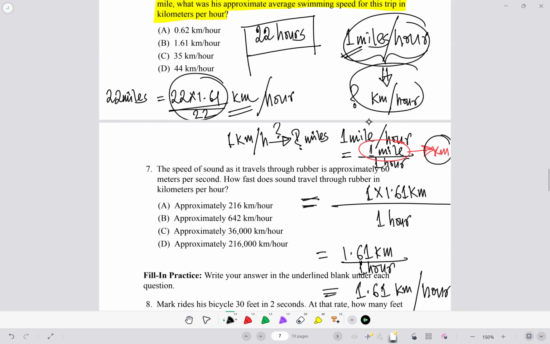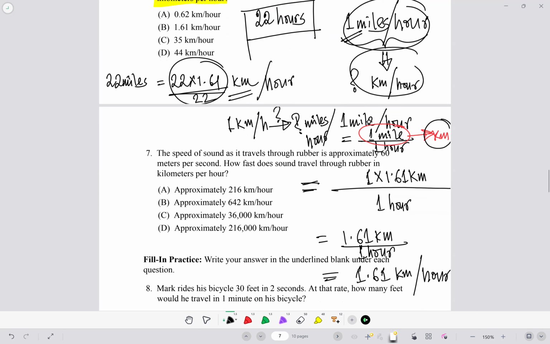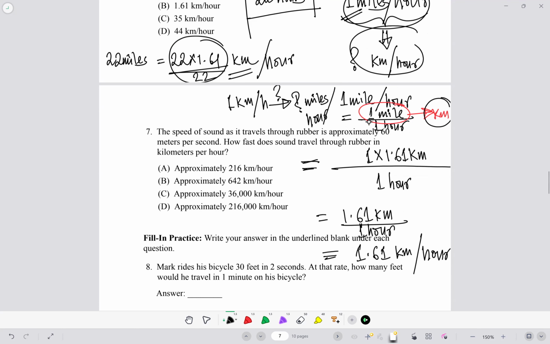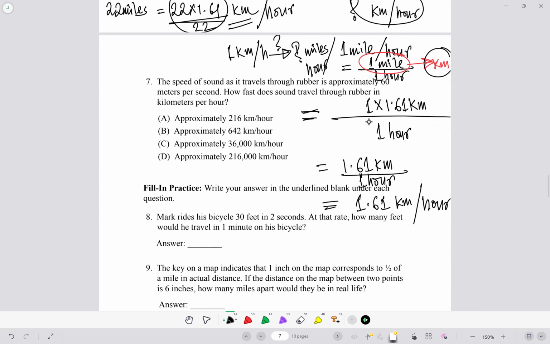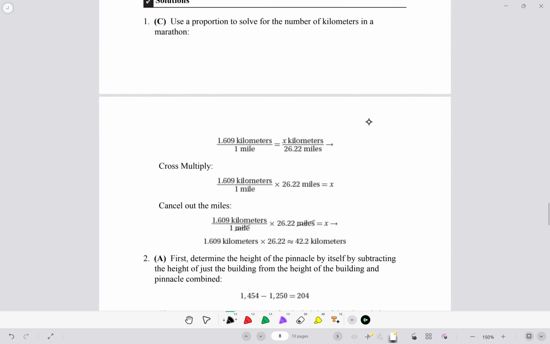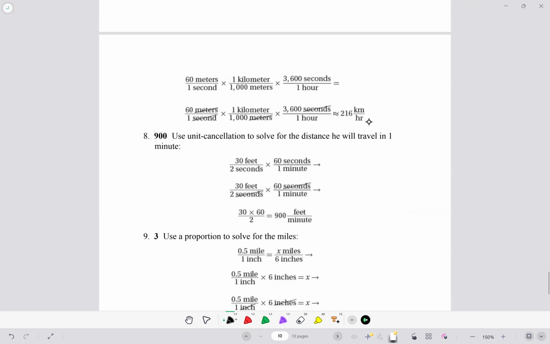What would you have done? You would just need to divide it, kilometer to miles. Yeah.